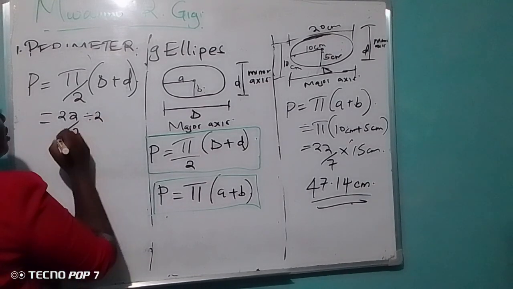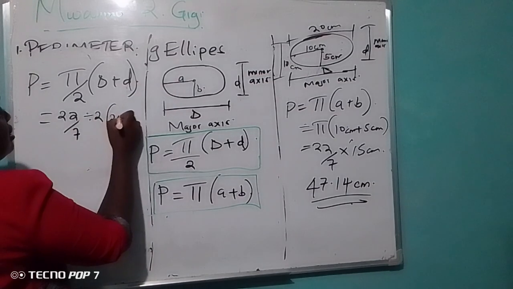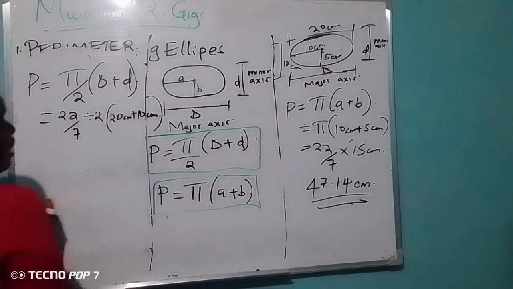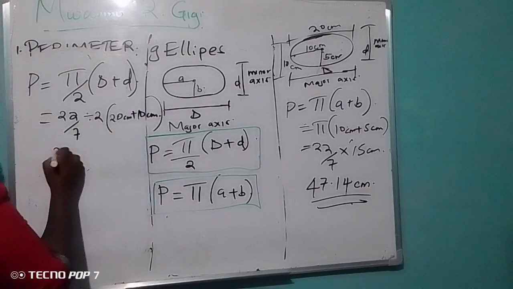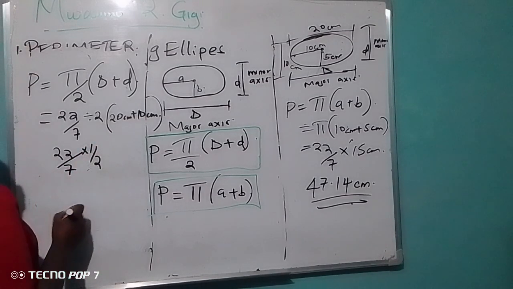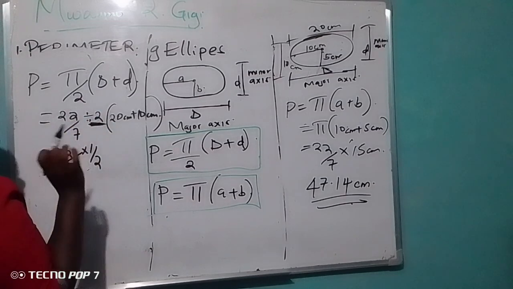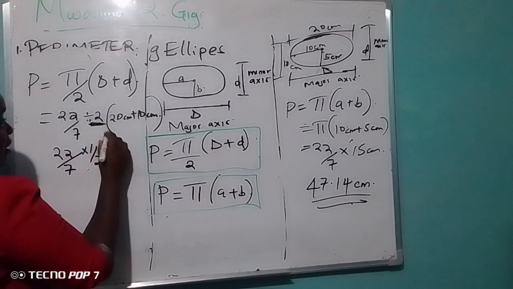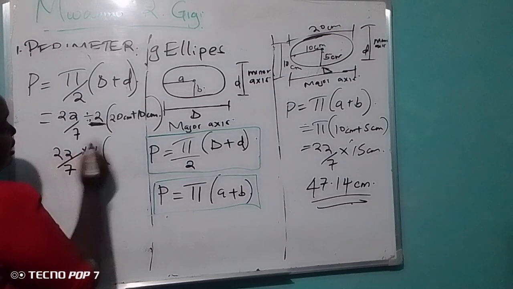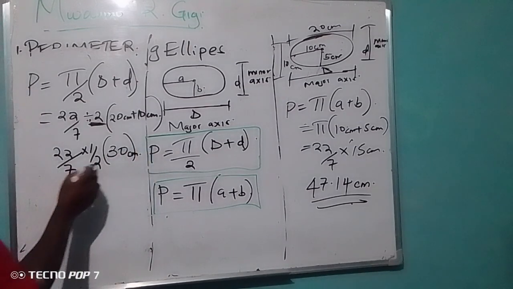Divide by 2, si ndio? Tuendelee tu, plus 20 cm plus 10 cm. Hapo kwa fraction, ukiingiza fraction itakuwa 22 over 7 times a half. Si ndio? Tunafanya reciprocal ya hii tukitaka ku make the division into a multiplication. Then we say 20 plus 10 ni ngapi? 20 plus 10 ni 30, si ndio? 30 cm.